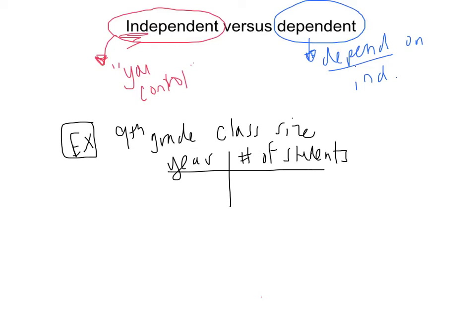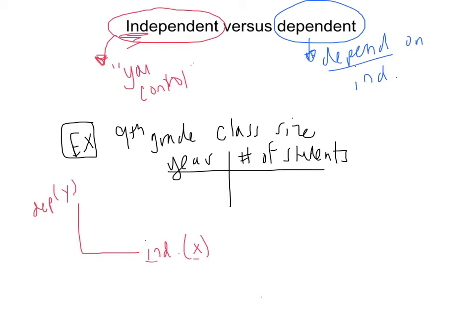If I'm going to graph that, I know that on my graph, we talked about this being the independent variable on my x. And then this is going to be your dependent on the y. The y depends on the x.